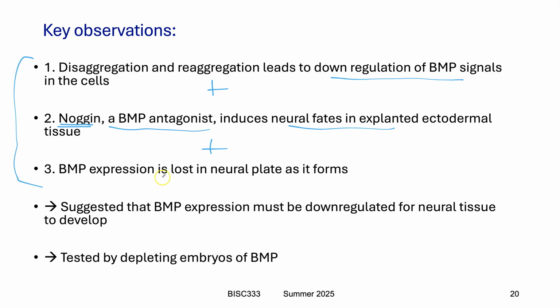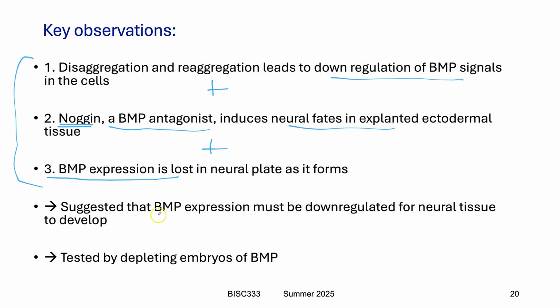And then if you do careful tracing and you observe the formation of the neural plate, you can document that BMP expression is downregulated or lost in the actual embryo as this process takes place.